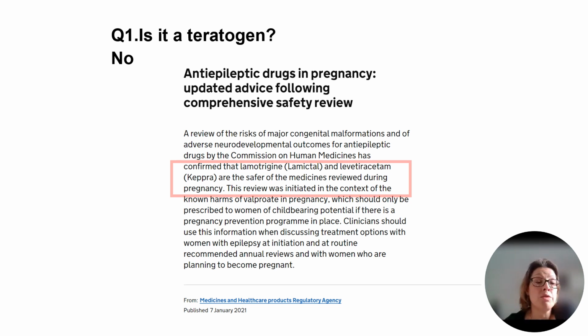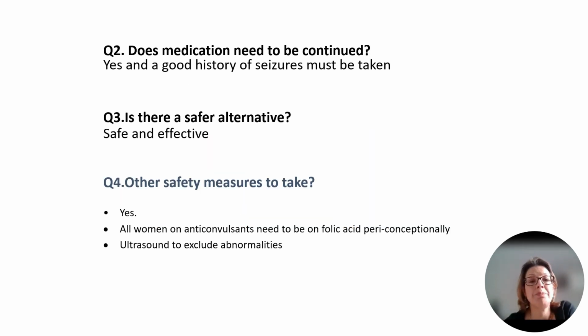You hope that they would have received some pre-pregnancy counselling, but at every encounter it's really important to reassure the woman of the safety of their anti-epileptic medication and the importance of adhering to it, and also to inform them that if they usually get an aura before they have a fit and start experiencing that, it may suggest that the dosage of their medication needs to be changed.